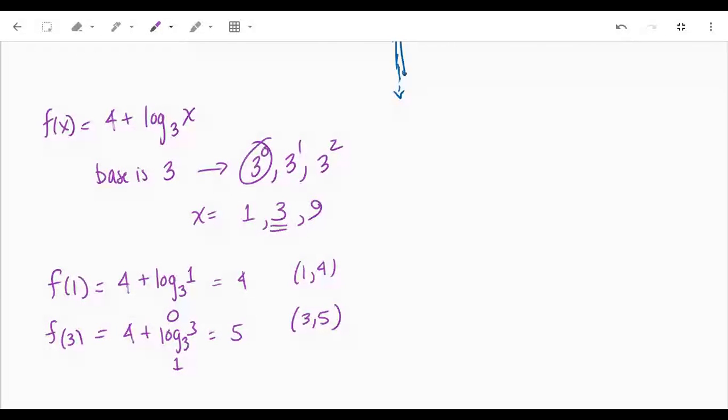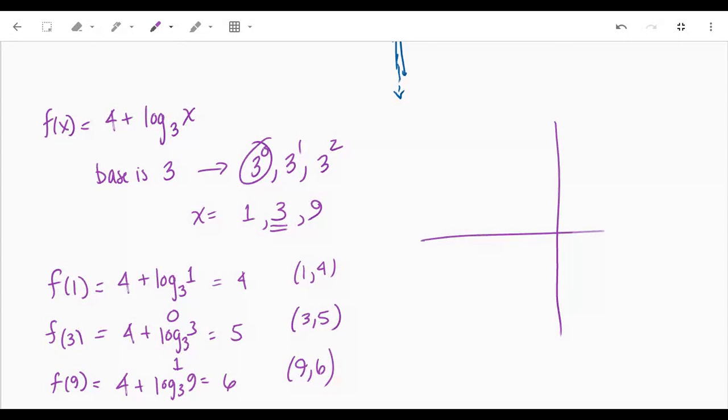And then f of 9, 4 plus log base 3 of 9. Log base 3 of 9 is 2. 3 squared is 9, right? So 4 plus 2, which is 6. Okay, so we'll have (9, 6). Okay, and then when we graph it, that asymptote at x equals 0, we're only shifting up, okay, adding 4.